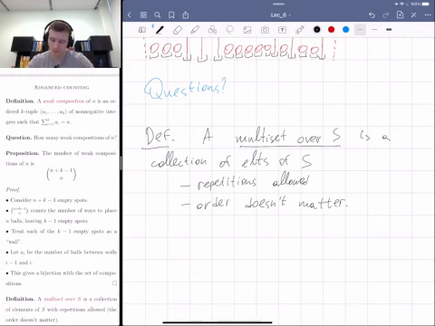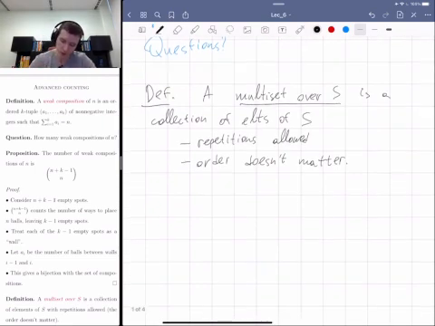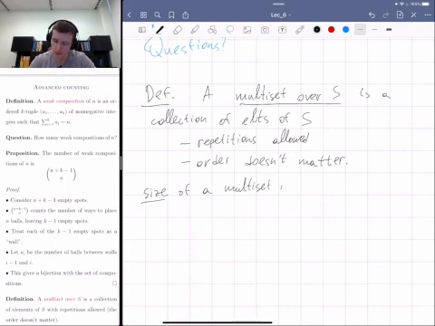And the size of a multiset is the number of elements in it, counted with multiplicities.